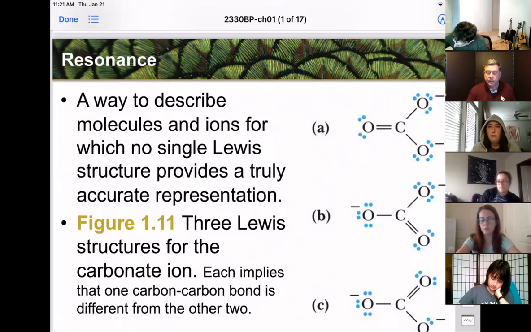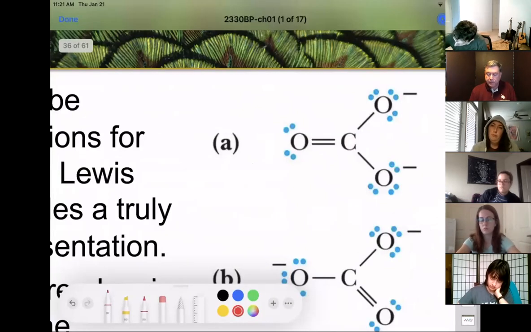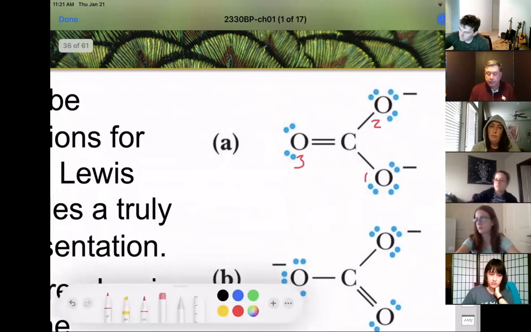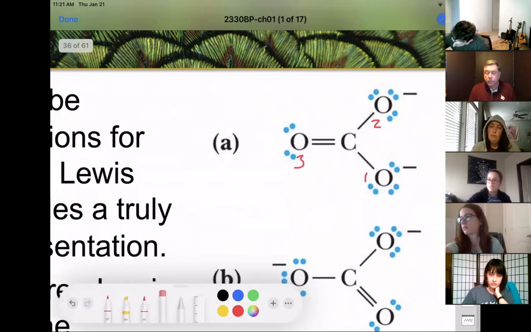So let's look at this first one right here. Unless you actually put a 1, a 2, and a 3 on here, there's no difference in any of these oxygens. All those oxygens should be exactly the same because they're each an atom of oxygen. So there's no particular reason why they need to be in this particular format.